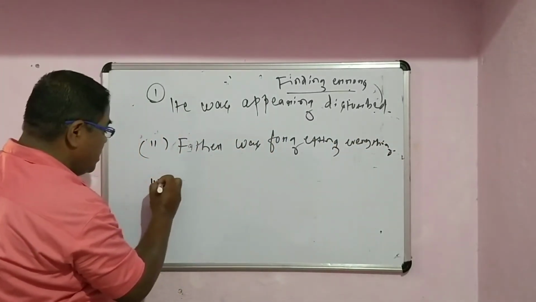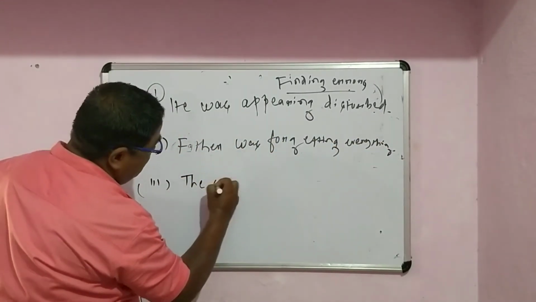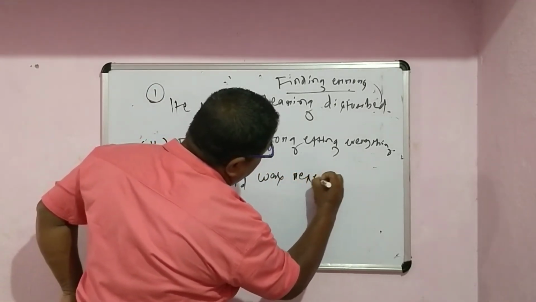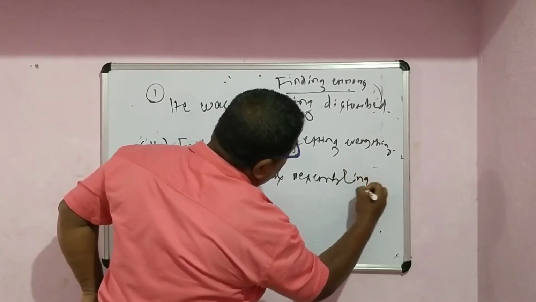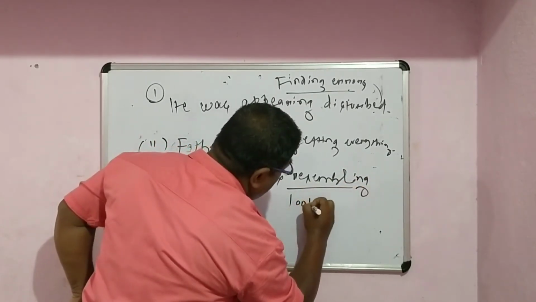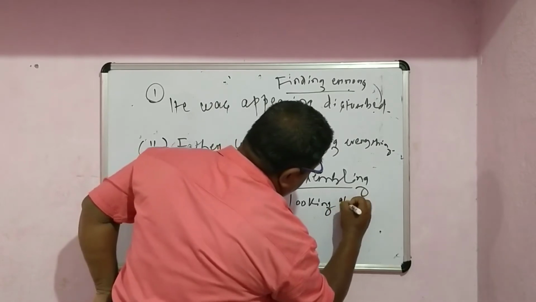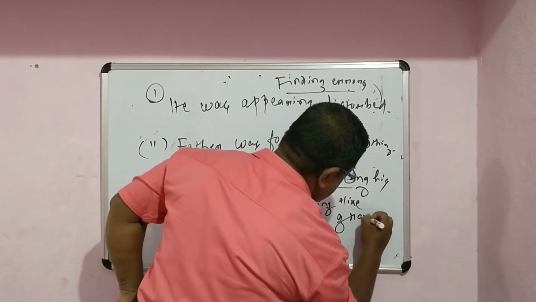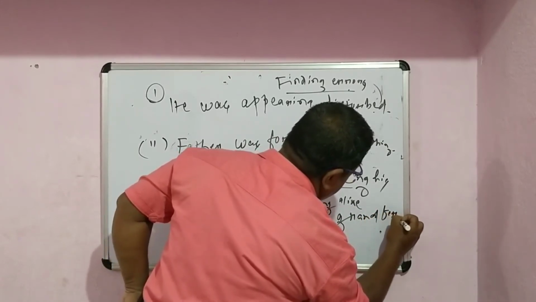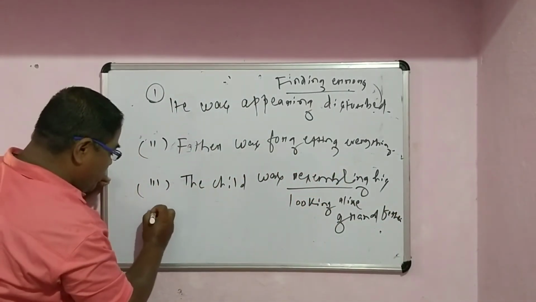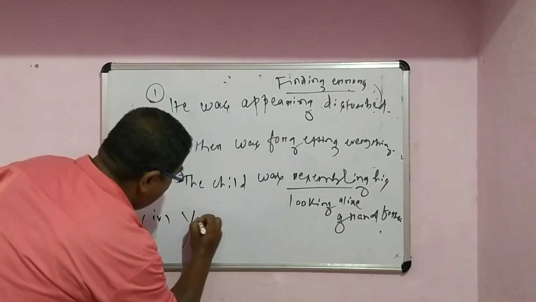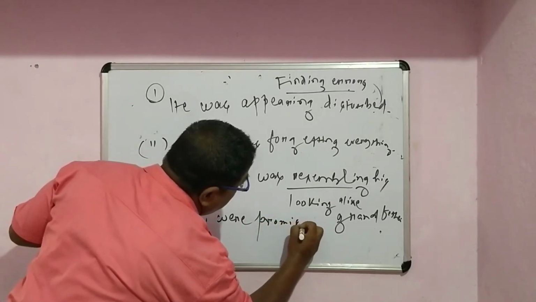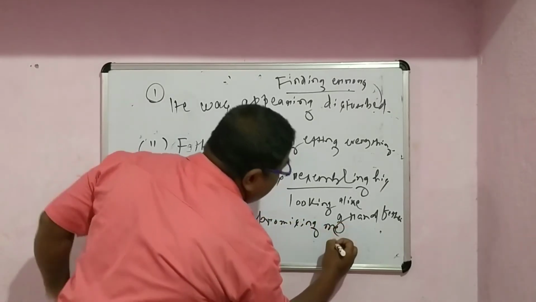Number 3: "The child was resembling his grandmother or grandfather." What do you mean by resemble? Resemble means looking alike. Number 4: "You were promising me some help."